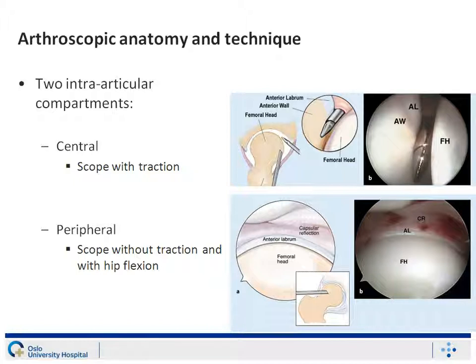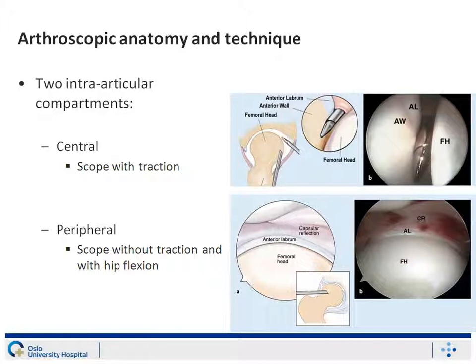When you enter into the joint, as Vikas described, it's the same procedure. Either you go in a lateral position or lateral decubitus or in a supine position. And your first vision will always be the acetabulum, the acetabular labrum and the femoral head.